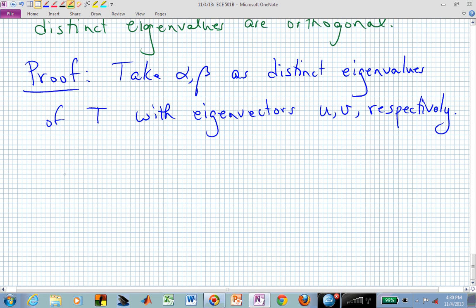What we have then is Tu equals alpha u, and Tv equals beta v.